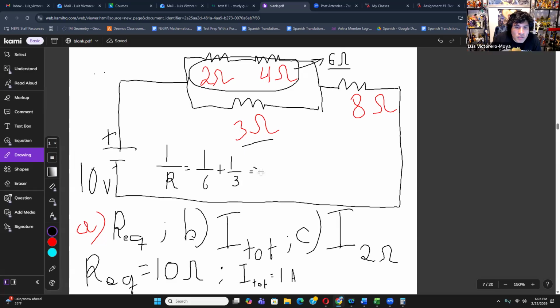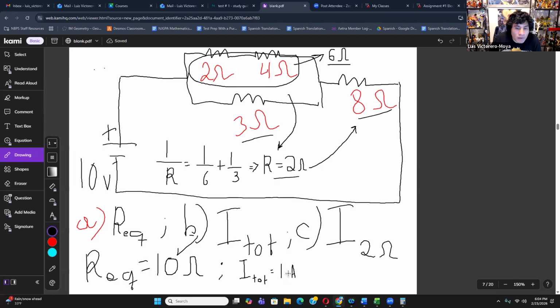If you have two fractions, the R is 6 times 3 over 6 plus 3. It's 18 divided by 9, 2 ohms. Now this is in series with this. So the equivalent is 2 plus 8, 10 ohms.